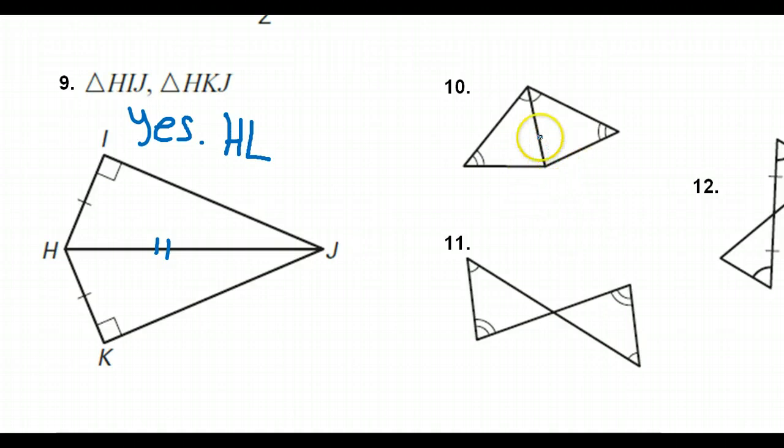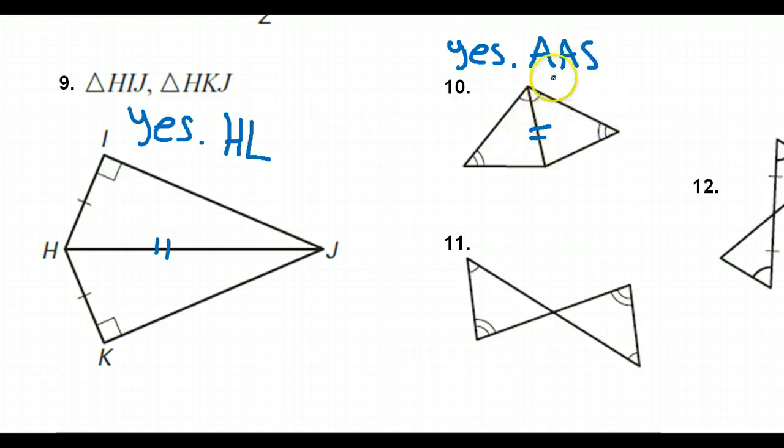What about number 10? I know there's a shared side, so those are equal. Okay. Now I see an angle, and I see the side that's not between them. So that's going to be yes because of angle, side.